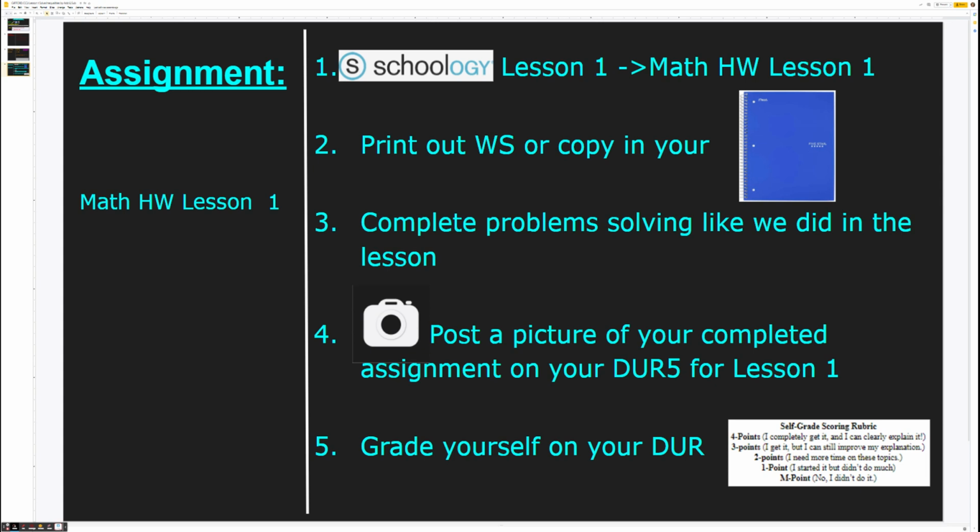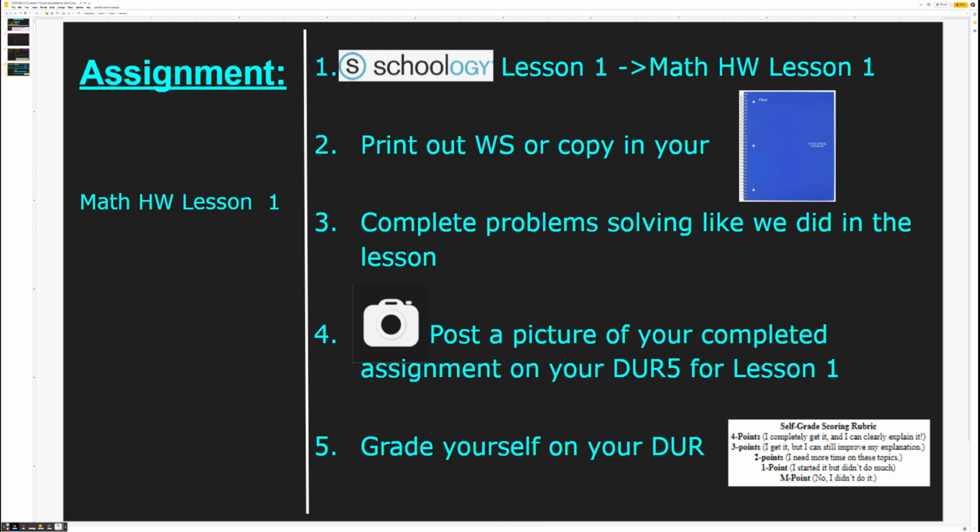There's some serious lag in my computer this morning. Loading. All right, so what you are going to do is go into Schoology. And you're going to click on assignment. Did I label it assignment 0?